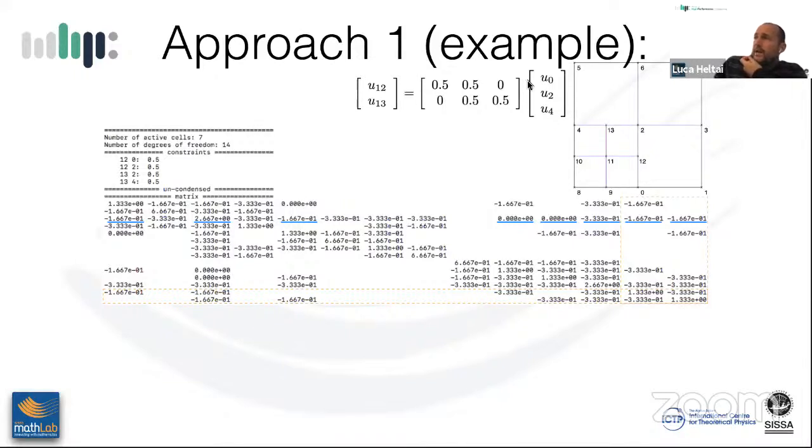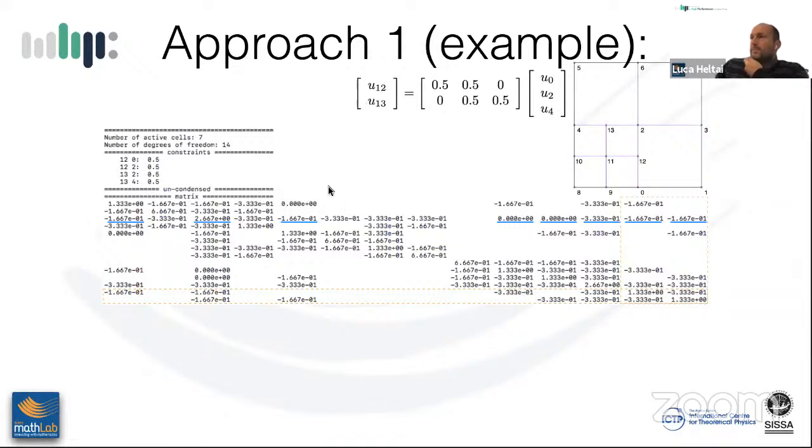So U12 is equal to 1/2 U0 plus 1/2 U2, and U13 is equal to 1/2 U2 plus 1/2 U4, exactly what you see here. So 13 is between 2 and 4, and if you want continuity, its value has to be exactly the average of 2 and 4. The same thing is valid between 2 and 0: you have the average to be equal in this case.